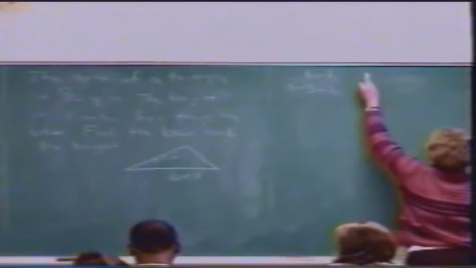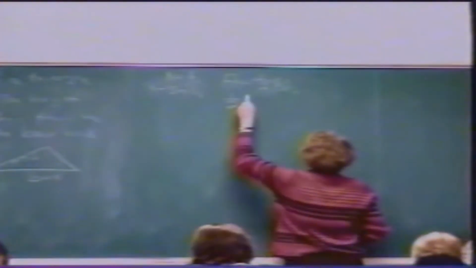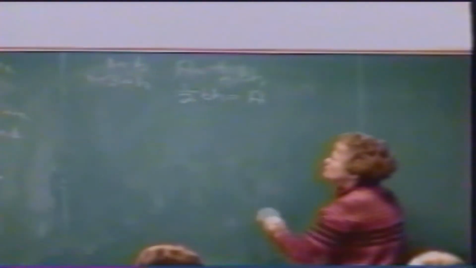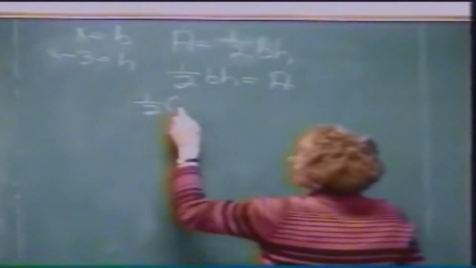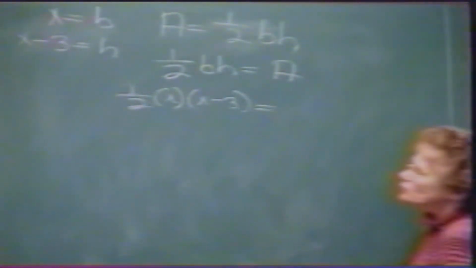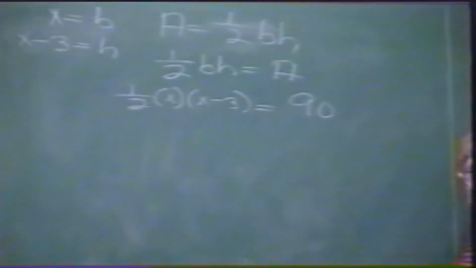So if our area is 1/2 the base times the height, we just fill that in. Actually, I'm going to turn it around and do 1/2 base times height equals area. So I'll have my number on the end. So it's going to be 1/2 times x times x minus 3 equals my area, which is 90. So all we do is just fill in and then figure out how to solve it.